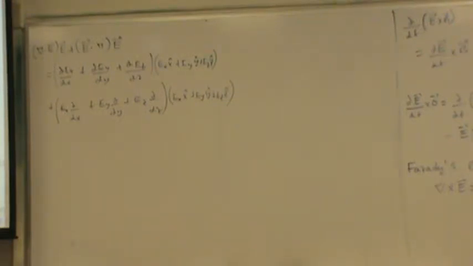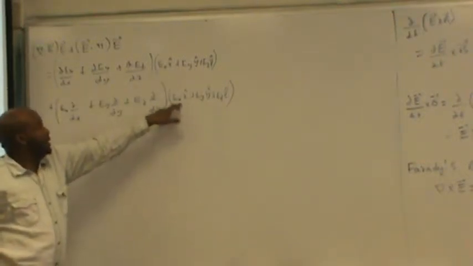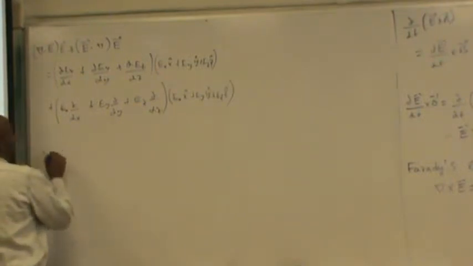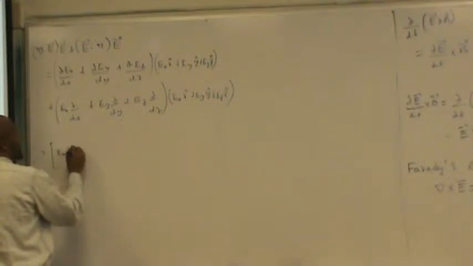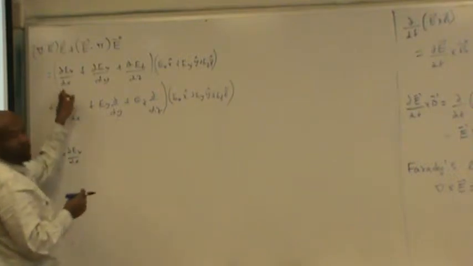Now, first let's look at the components along the unit vector x. If we just collect the components along the unit vector x, just consider this with that and this with that, what do you get? I'm going to do it just for the x component. So you have Ex dEx by dx from this term.